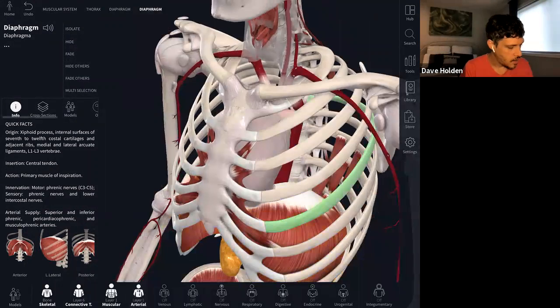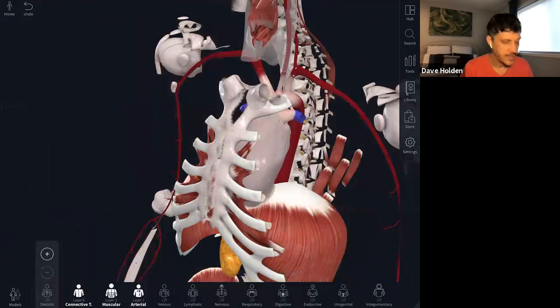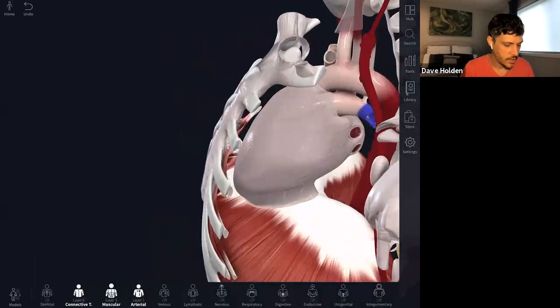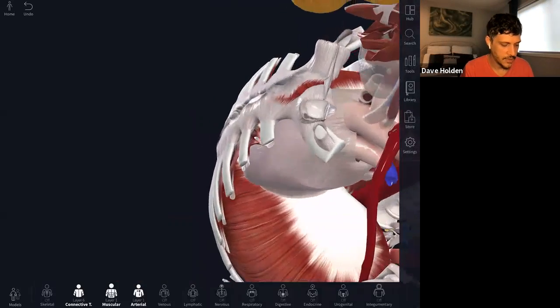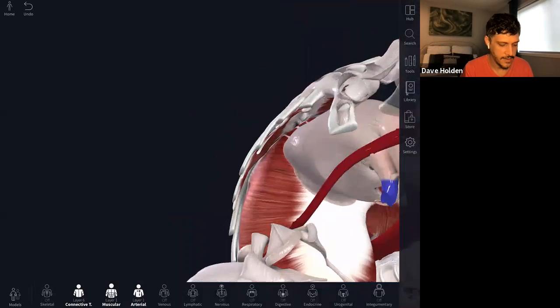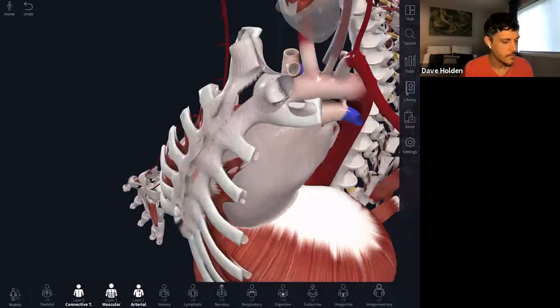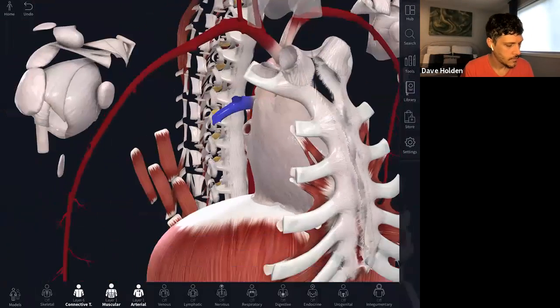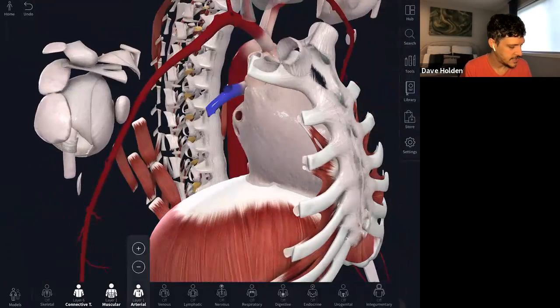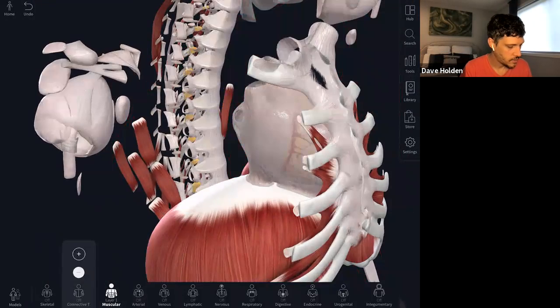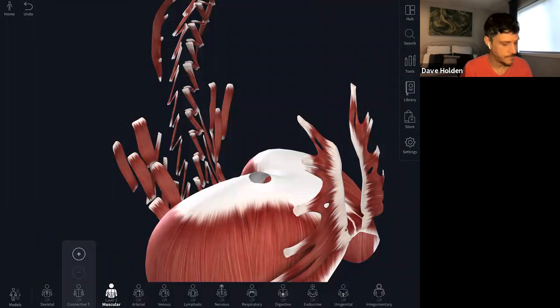If you also ask where the aorta goes in all of this, the aorta plunges underneath on the posterior side there. So the aorta actually isn't really impacted too much by the diaphragm, but there is a distinct hole in the diaphragm meant for the inferior vena cava.